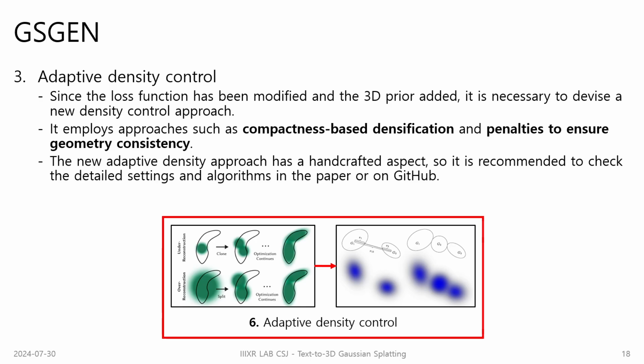It employs approaches such as compactness-based densification and penalties to ensure geometry consistency. Since these designs are somewhat handcrafted, I recommend referring to the paper or the GitHub repository for more detailed information.